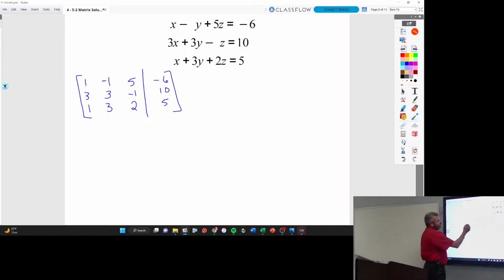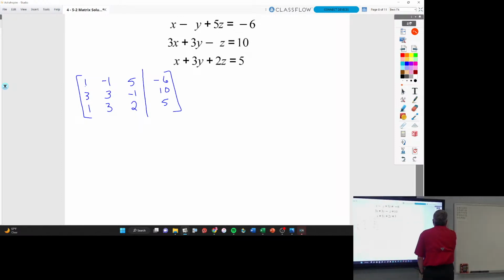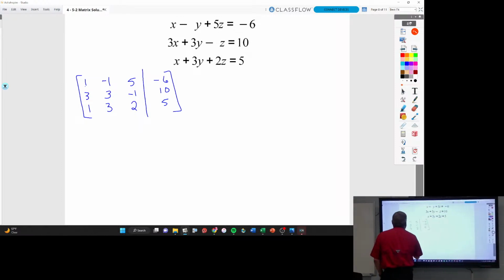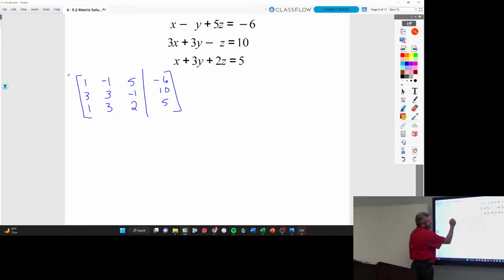Let's do both of them in one shot. How do I take a 1 and make a 3 go away? Well, to make that 3 go away, I need a -3. So what I will do is take row 1 and multiply it by -3.